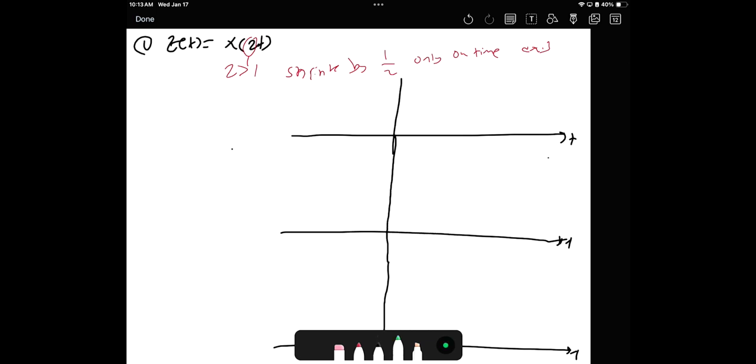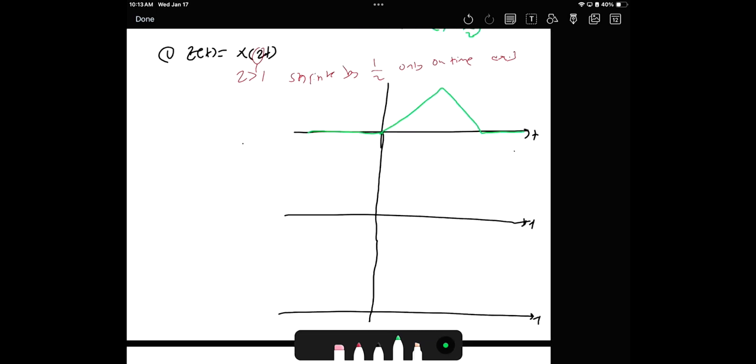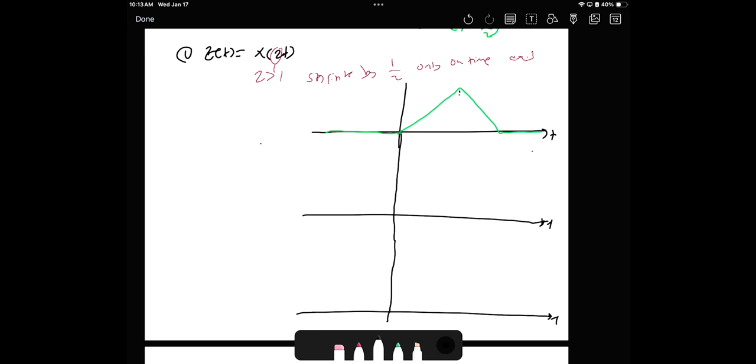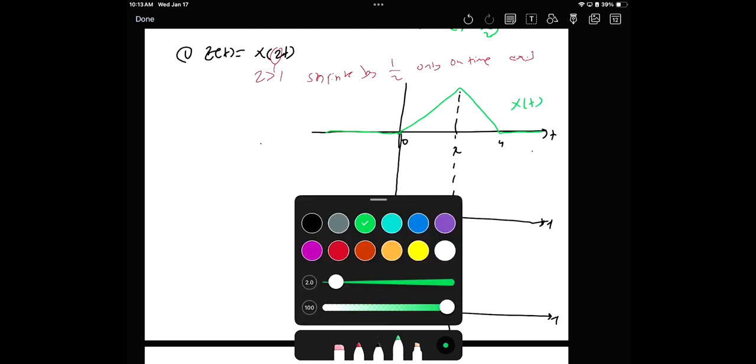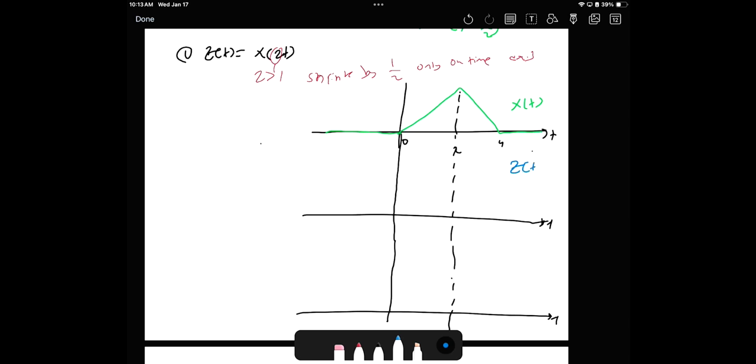x of t was here at 0, 2, 4, 0. Then I can make the guidelines from this. So this is x of t. Now by drawing z of t, we need to shrink it by 1 half. So here is 2, 4.